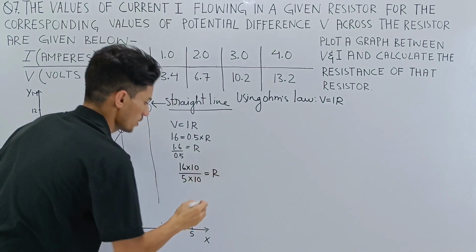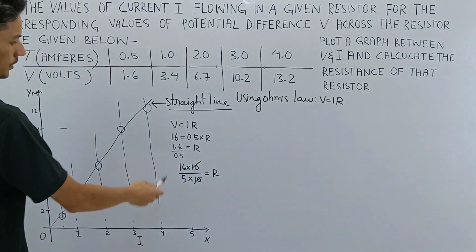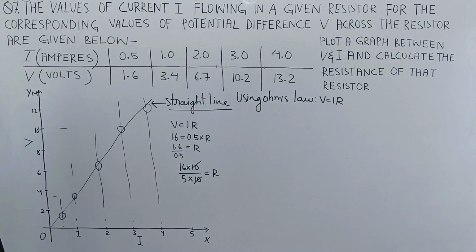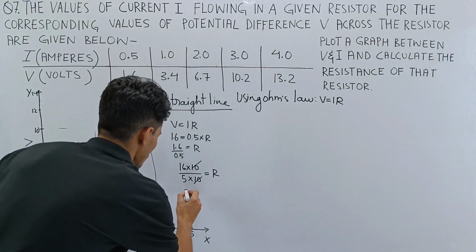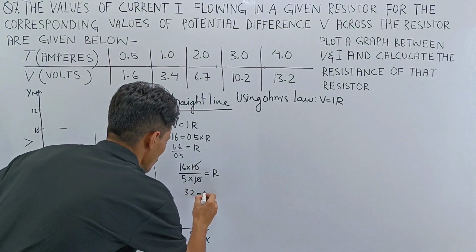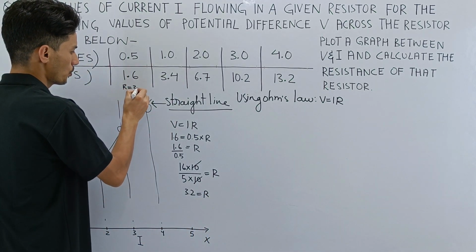You're left with this. Cut this one. 5 will divide 16. If you divide 16 by 5, you get 3.2. So the answer is 3.2. So this is the value of R. So R value for this is 3.2.